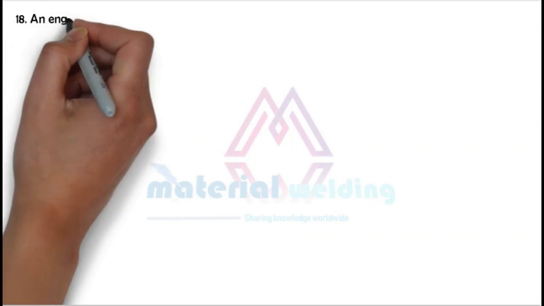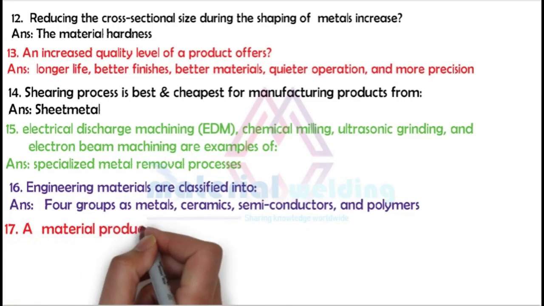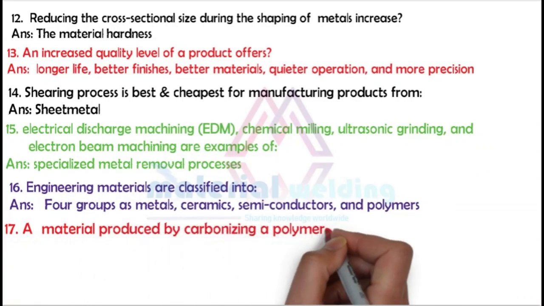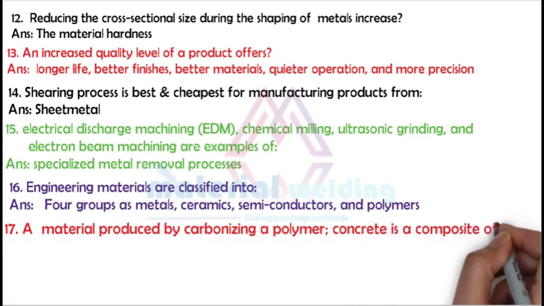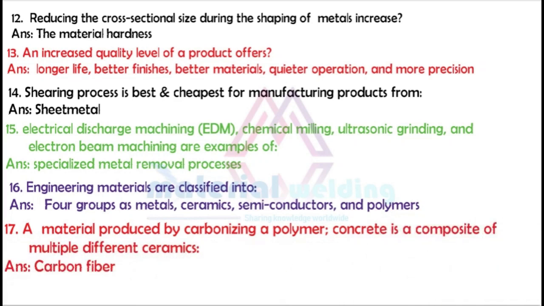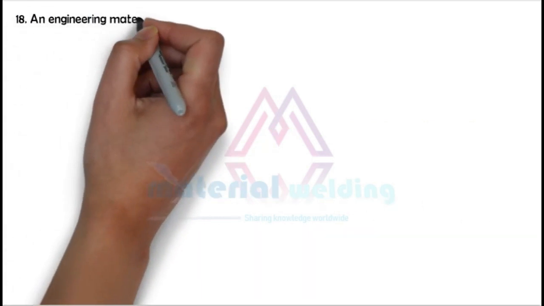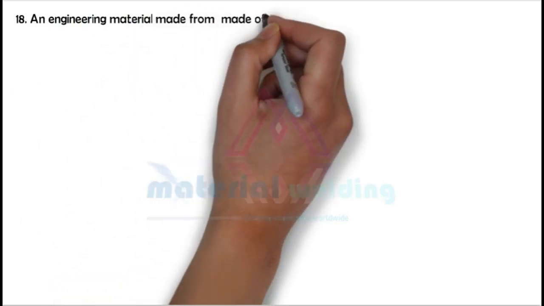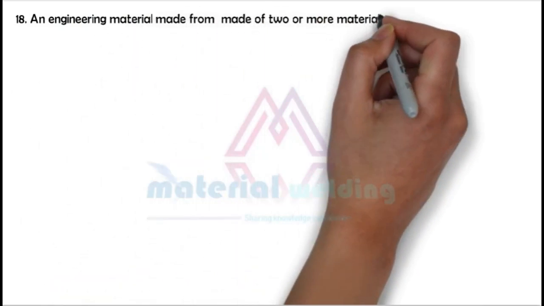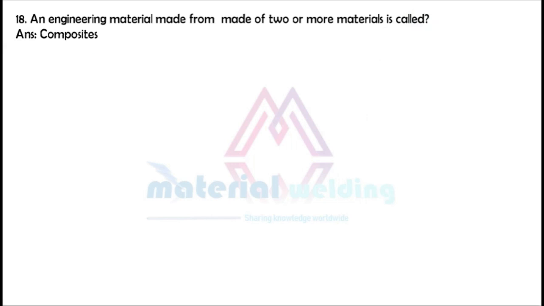Next, a material produced by carbonizing a polymer is known as carbon fiber. An engineering material made of 2 or more materials is called a composite.